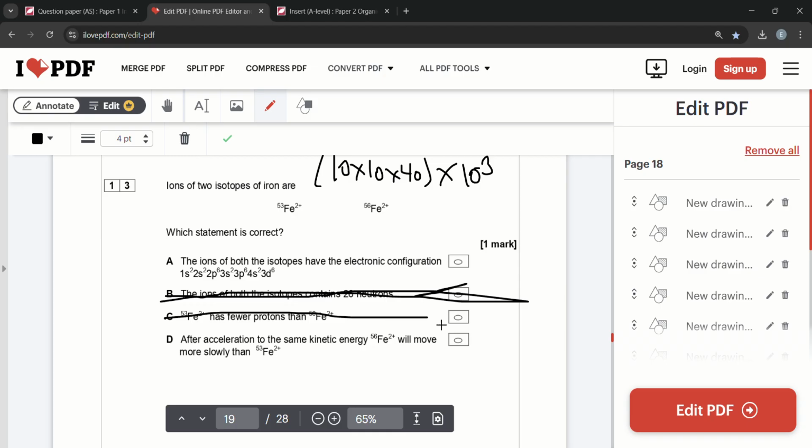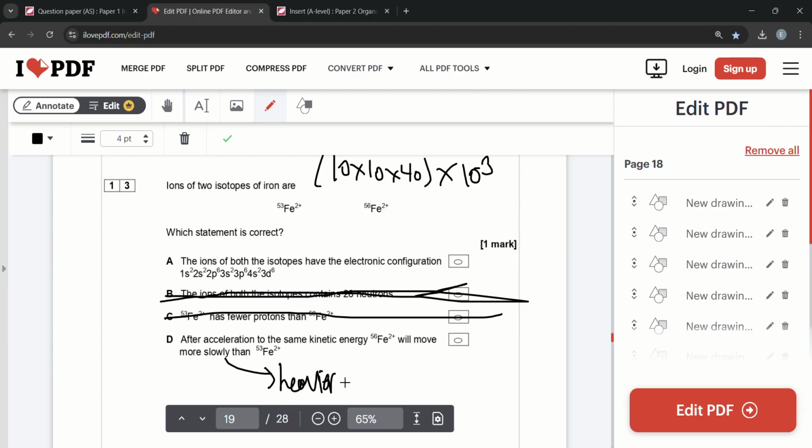Can't be C. And you can see how I've eliminated two, so now I'm left with a 50% chance of getting either A or D correct. So which one is it? Well, if we look at D, after acceleration to the same kinetic energy, 56Fe2+ will move more slowly than 53Fe2+. That is correct. Reason being is because 56Fe2+ is a heavy ion.